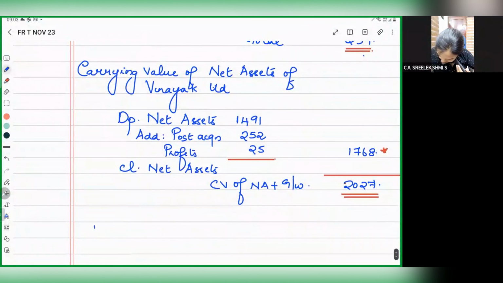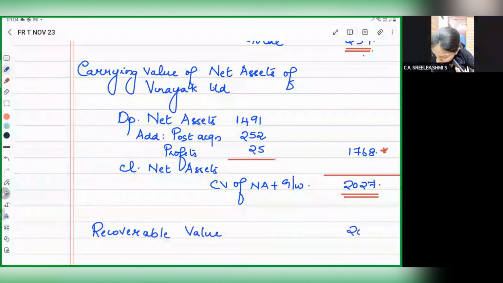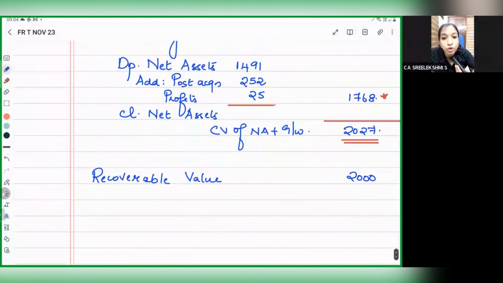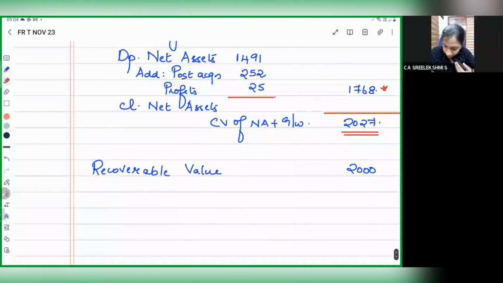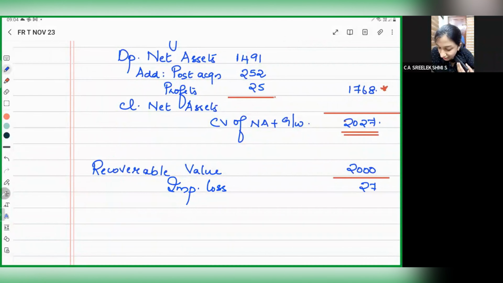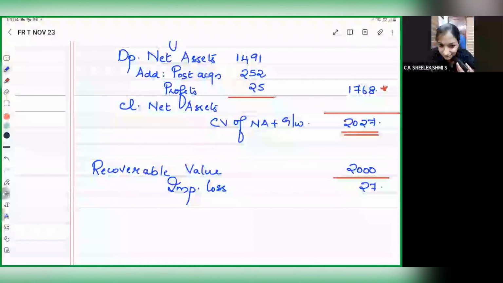Now the recoverable value. They have given the recoverable value as 2000 million. So how much is the impairment loss? This adjustment we would otherwise have done in Ind AS 36.